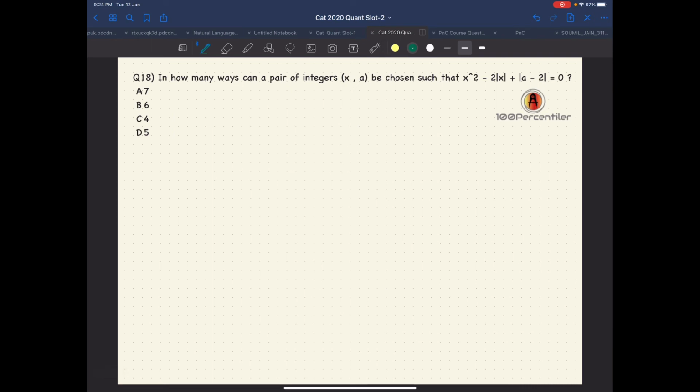Now in how many ways can a pair of integers x, a can be chosen such that x square minus 2 mod x plus mod of a minus 2 is equal to 0. So this can be written as mod of x square minus 2 mod x plus mod of a minus 2 equal to 0. So here mod x is nothing but 2 plus minus root b square minus 4a mod of a minus 2 on 2.